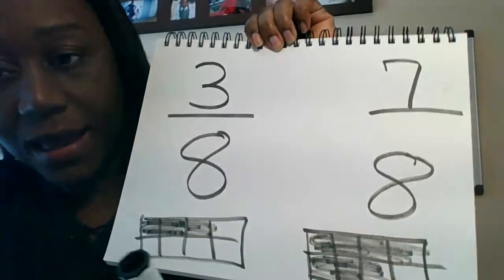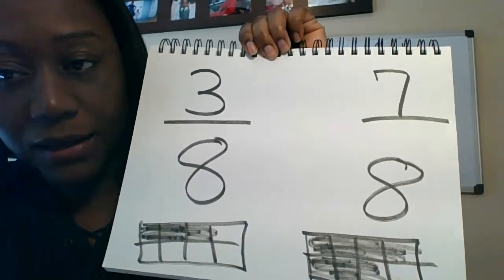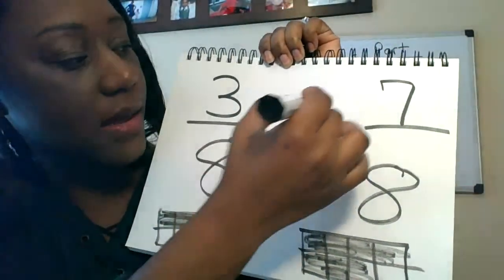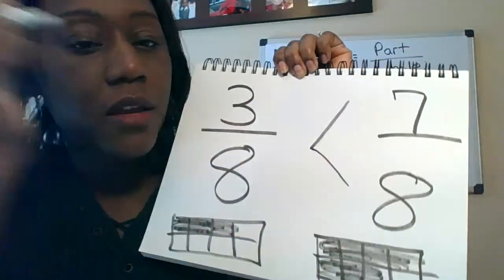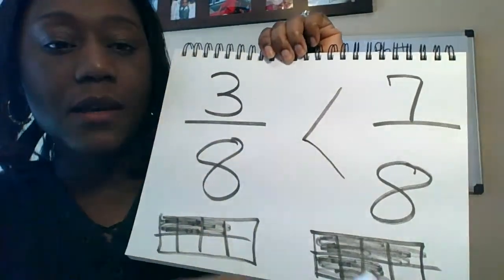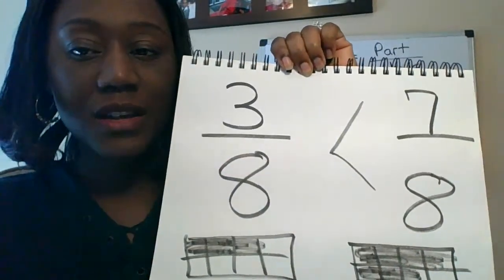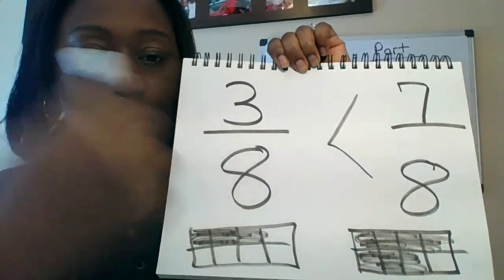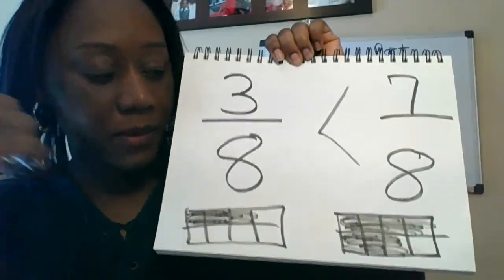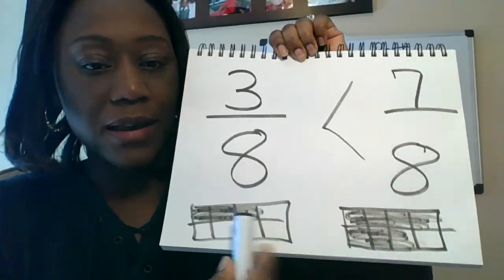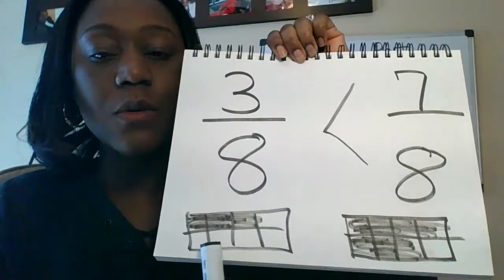And everybody, I mean everybody, has told me that 7/8 is more. You know why, boys and girls? Because comparing fractions when the denominator is the same is really easy. When the denominator is the same, they both have the same amount of parts. So I can clearly see that this one is more.